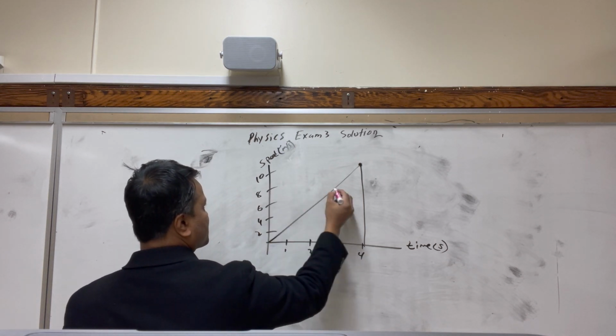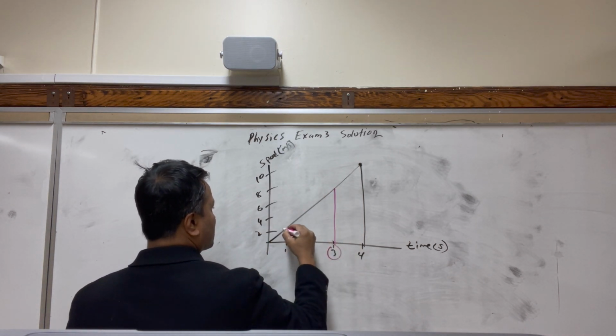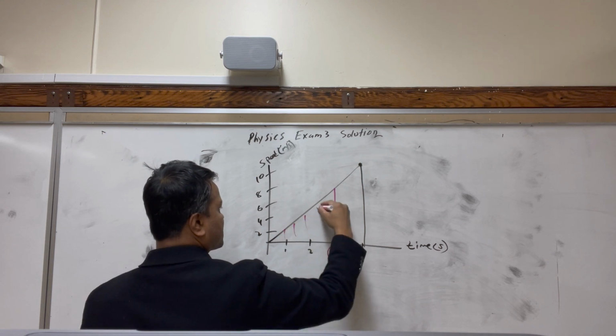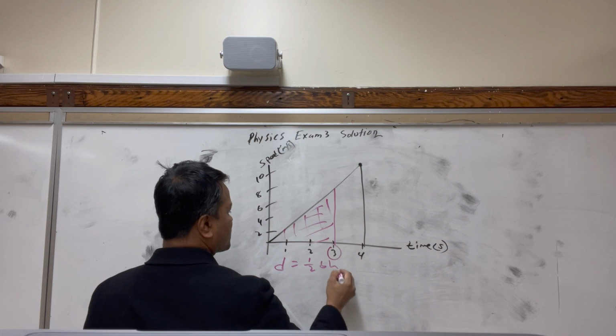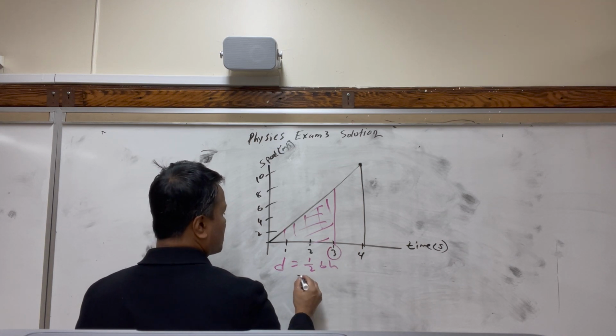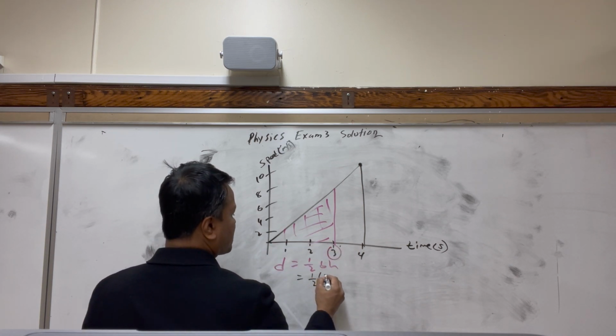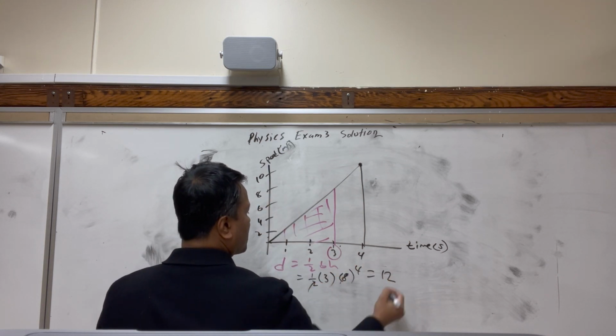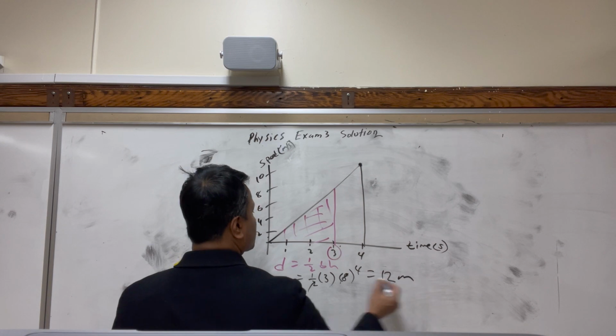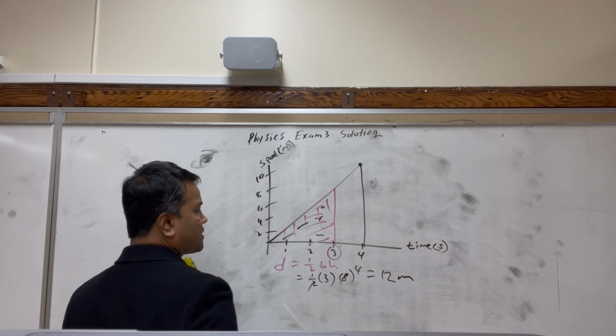So the distance the object moves in the first 3 seconds is this one. Okay. So distance is equal to half bh. So half b is 3 seconds, h is 8, 4, so 12 meters. So the object moves 12 meters in the first 3 seconds.